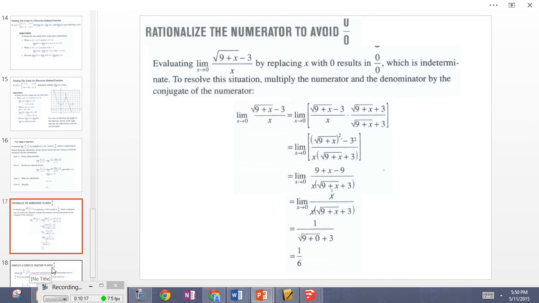Rationalizing. Rationalizing always implies something that's done with a radical. Hence enters the word radical, rationalizing.